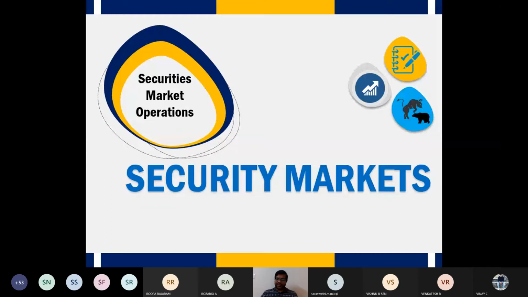Last few classes we have been discussing the secondary market, or the stock market. We have discussed some of the important fundamental concepts, which include what a stock exchange is, the various functions performed by the stock exchange, and how to do trading on a stock exchange, how to place an order, what the trading mechanism is, and how settlement happens in the stock exchange.